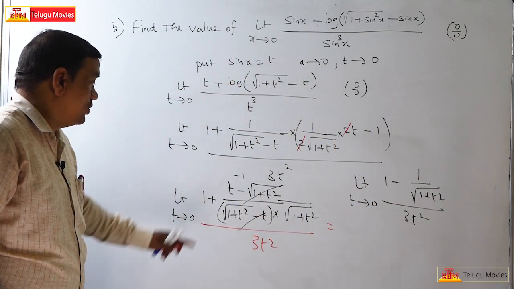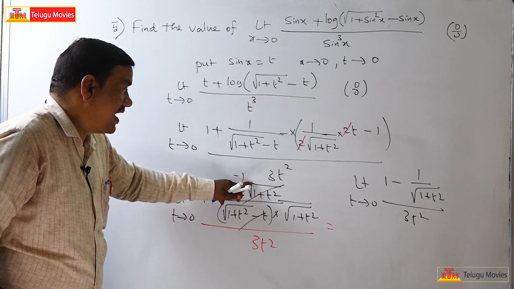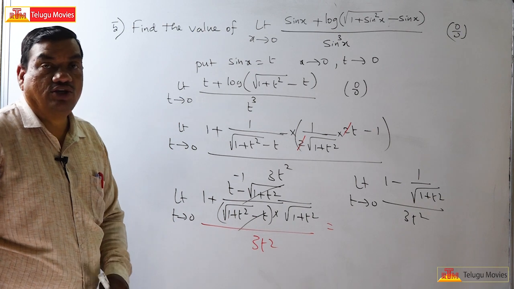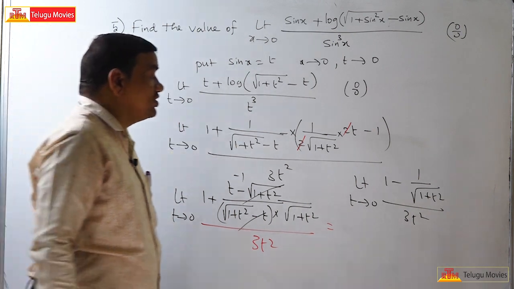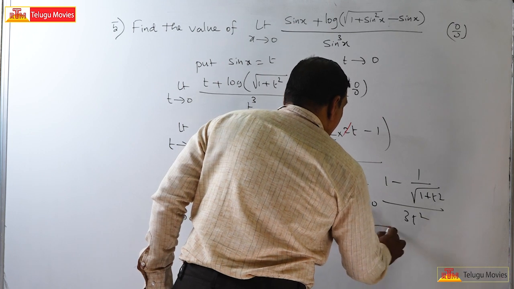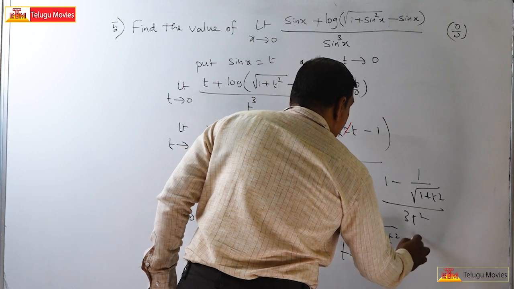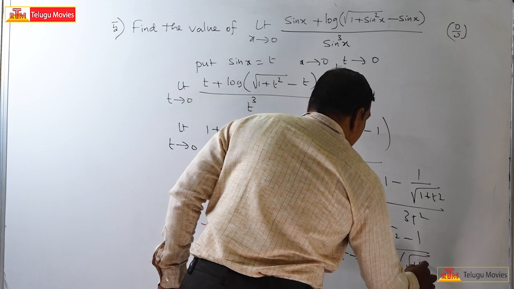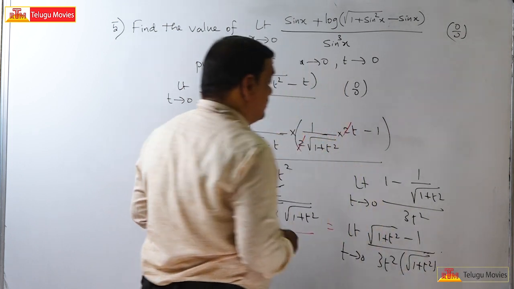Understand? Here this 2 can be cancelled, it will remain minus 1 by root of 1 plus t square by 3t square. Let us do one more step here, LCM. So, limit t tends to 0, root of 1 plus t square minus 1 by 3t square into root of 1 plus t square. Okay, now.